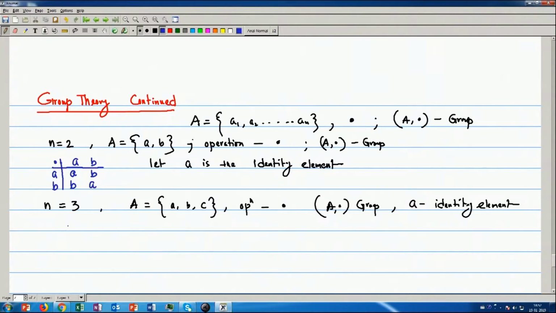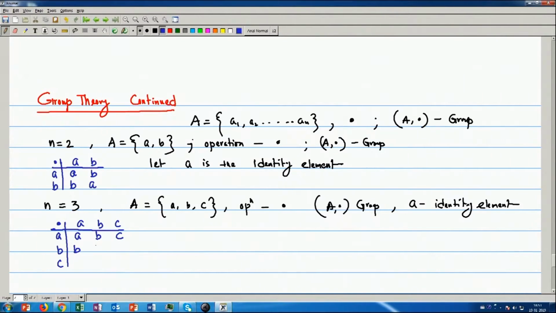Then I have 3 elements, and I give dot A, B, C. A dot A is A since it is the identity, A dot B is B, A dot C is C. Now, B dot A is B only.